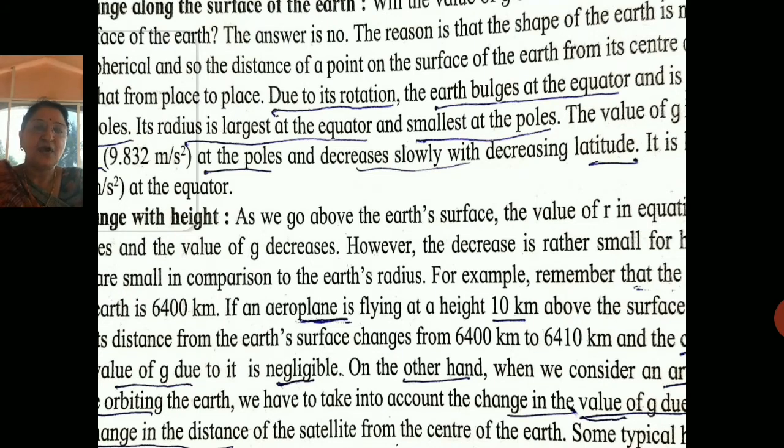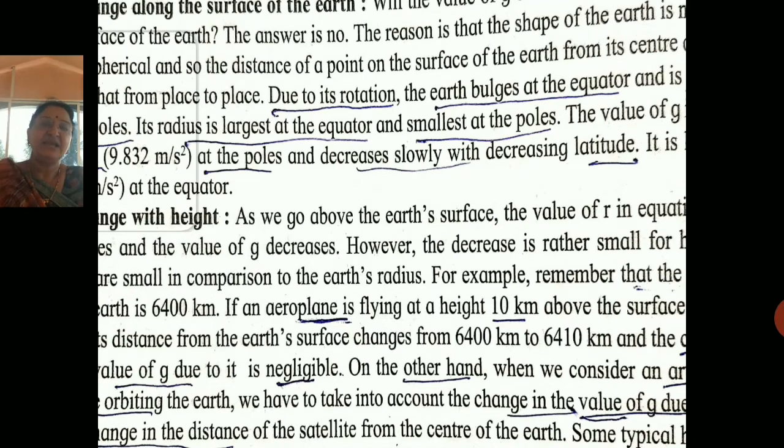That is, if we move from equator to poles, the value of g increases, or if we move from poles to equator, its value decreases. Its highest value is 9.832 meter per second square, and its lowest value is 9.78 meter per second square. So the value of g is not constant on the surface of earth due to rotation of the earth and due to certain shape of earth.